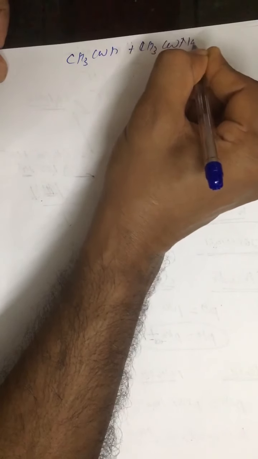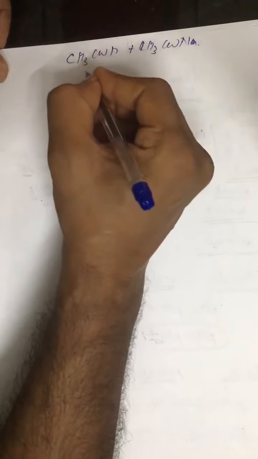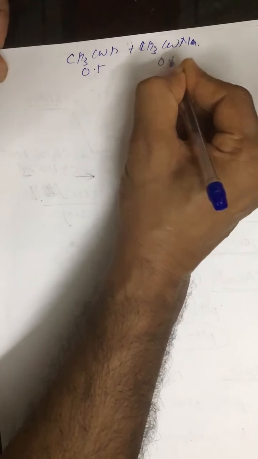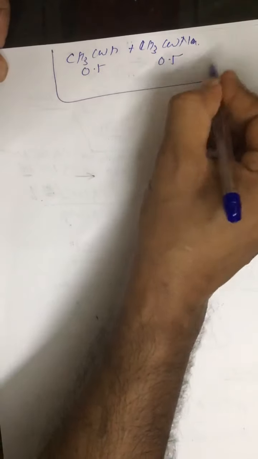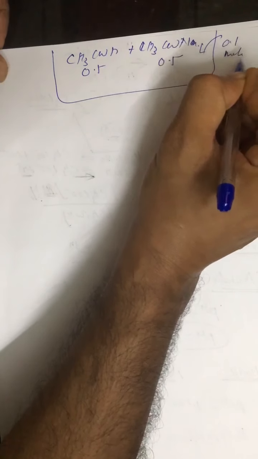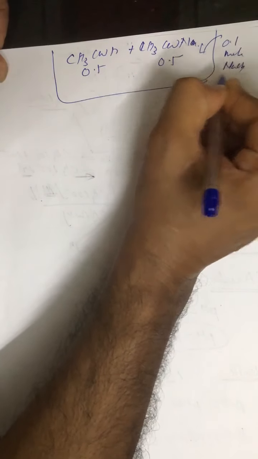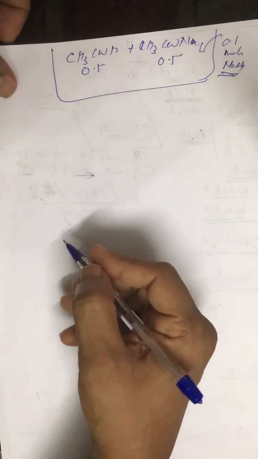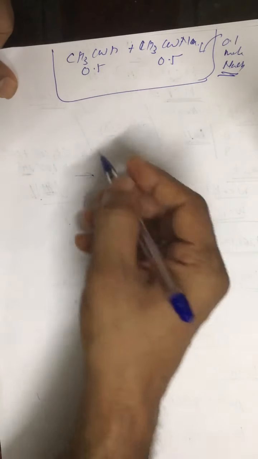Like we are given acetic acid and sodium acetate, 0.5 mole each, and in this solution suppose we are adding 0.1 mole of NaOH, and we want to calculate the change in pH.